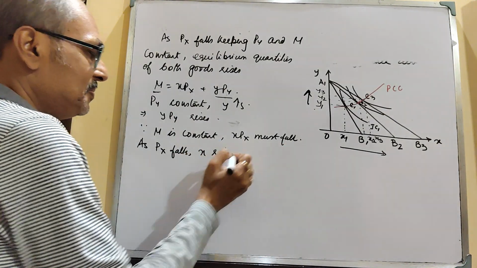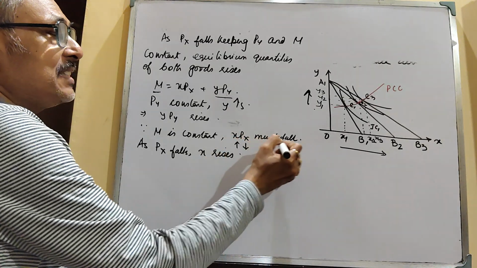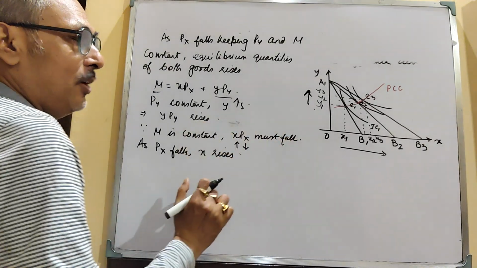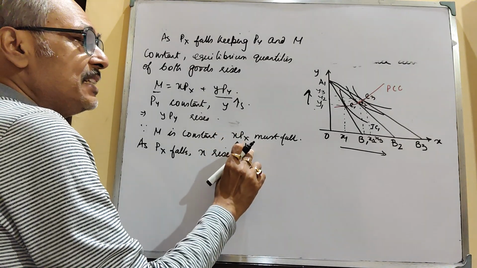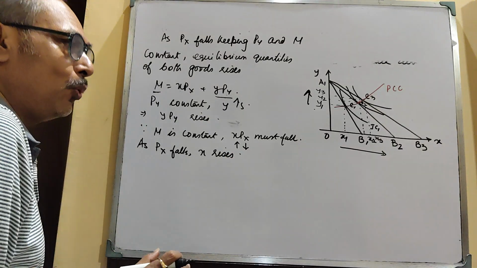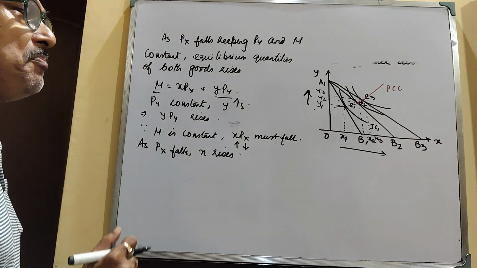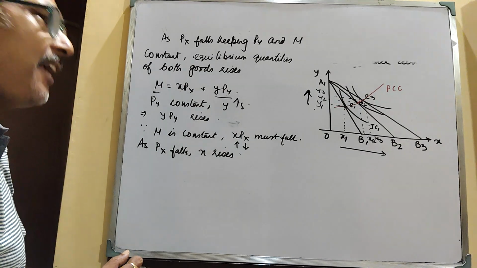X rises, PX falls, and the product is falling. One variable is increasing, another is falling, and the product is falling. Therefore, the fall in PX is stronger than the rise in X.